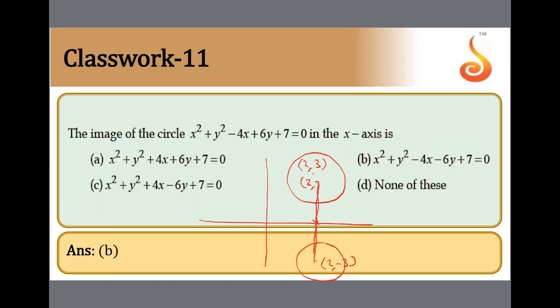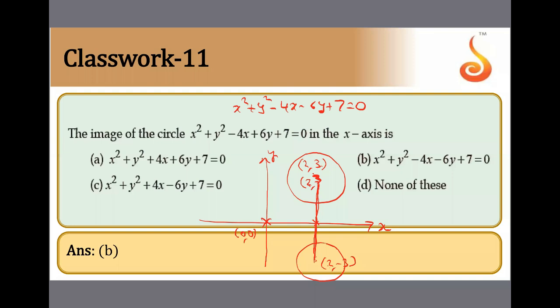This is x-axis, this is y-axis, this is 0, 0. This is 2 comma minus 3, so this will be 2 comma 3. Clear? Center will change, radius will be same. So very easy to understand. Minus 3 becomes plus 3. So the circle equation becomes x square plus y square minus 4x minus 6y plus 7 equal to 0.